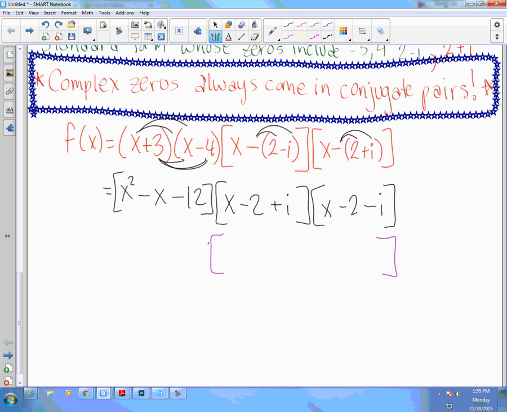The i needs to go in 3 times. Because 3 terms times 3 terms, how many terms should we get? 9 terms. So be very careful with your 9 terms. That's how you know you should be on the right track. And then you're going to have some like terms that you need to combine.